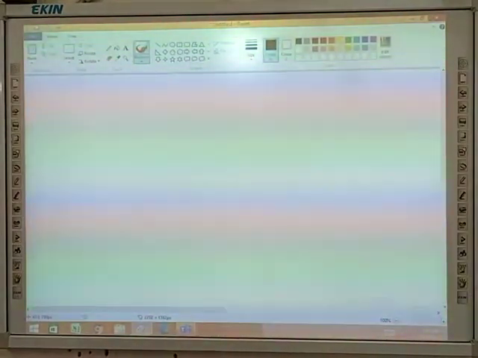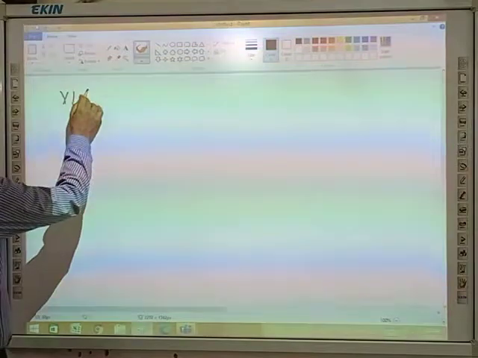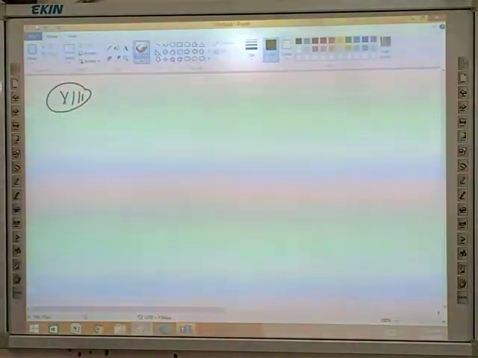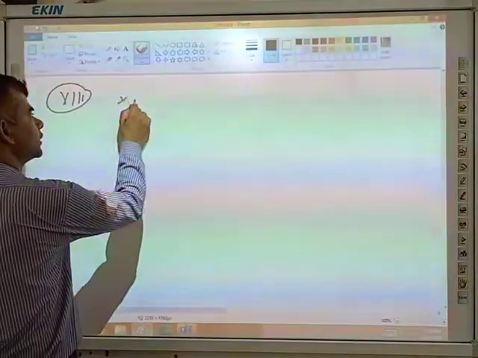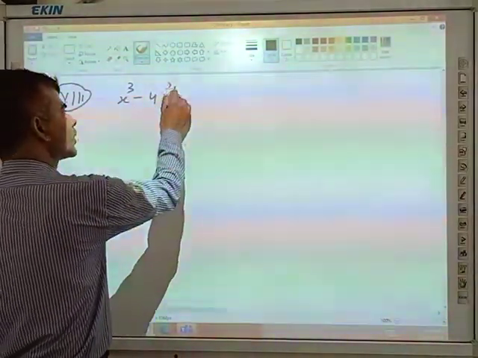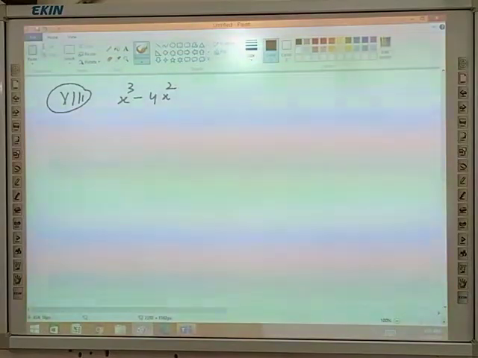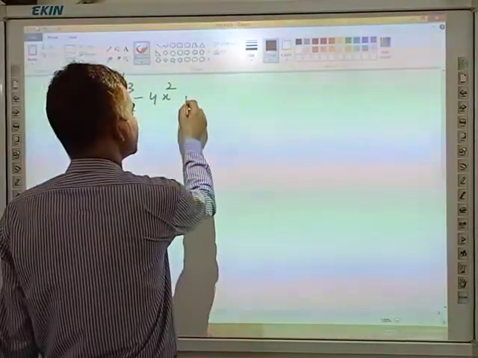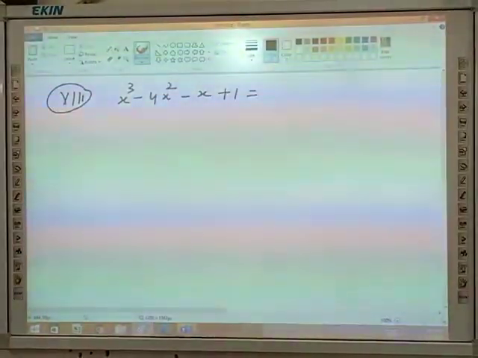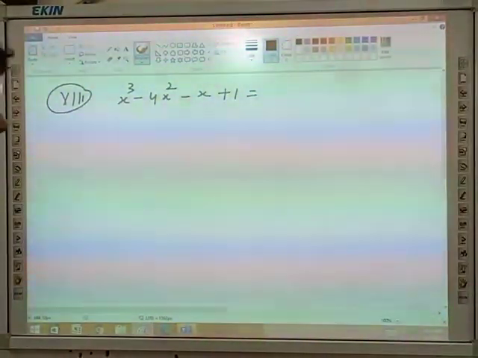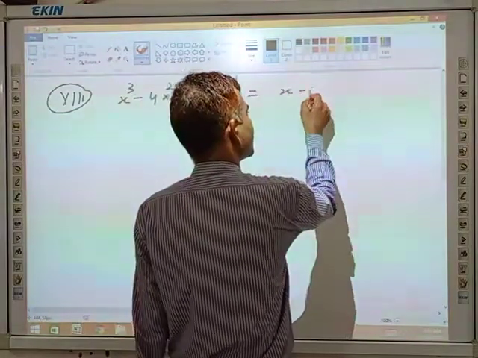Students, exercise 4.1, 8th part: x cube minus 4x square minus x plus 1 is equal to (x - 2) whole cube.